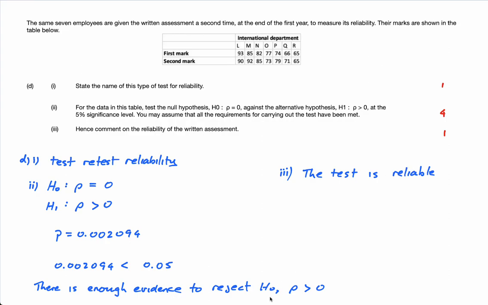The test is reliable because rho is greater than 0, which means there is correlation between the first test and the second test. In other words, the same people are doing well in the test both times. If the guy who did really well the first time did really badly the second time, it would not be a very reliable test. Okay, that is part D.